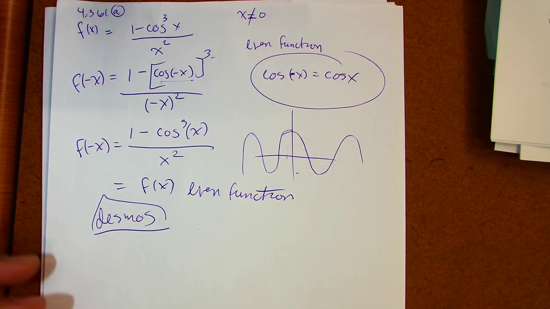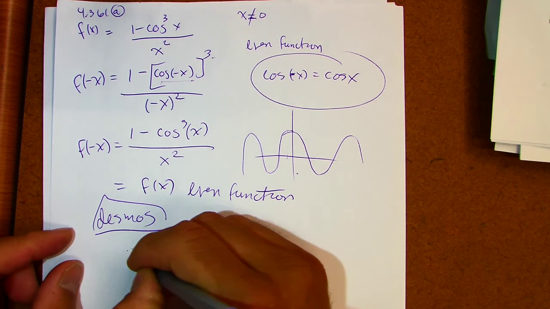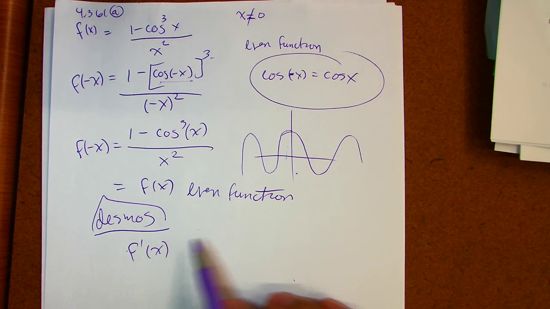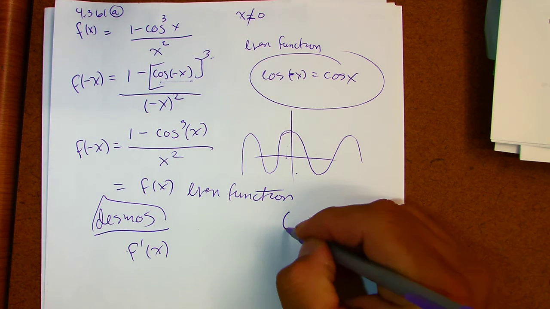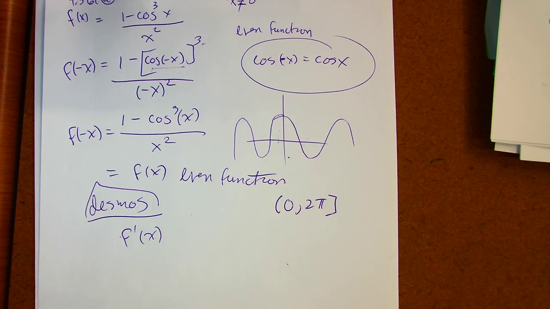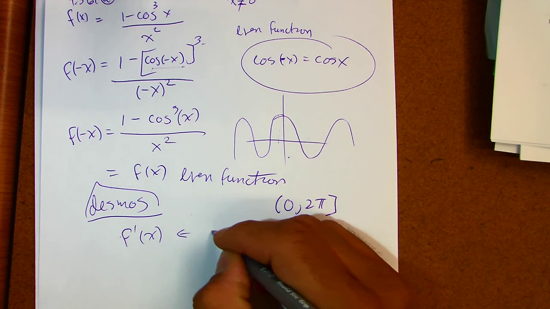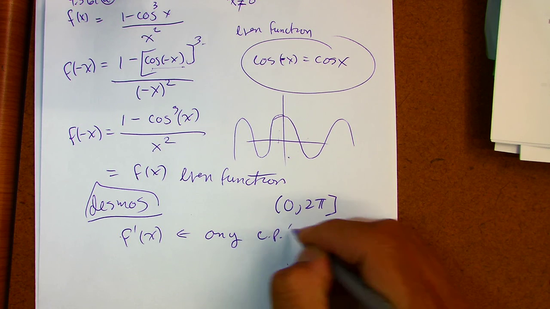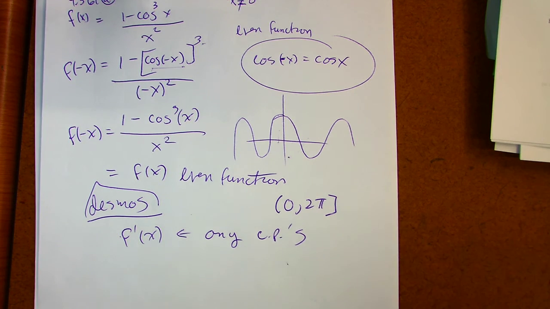Okay, and what I would do is find the derivative, and you can really focus on this interval here. Find f prime and see if it has any critical points.